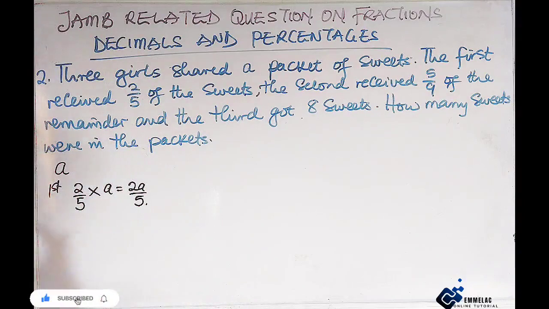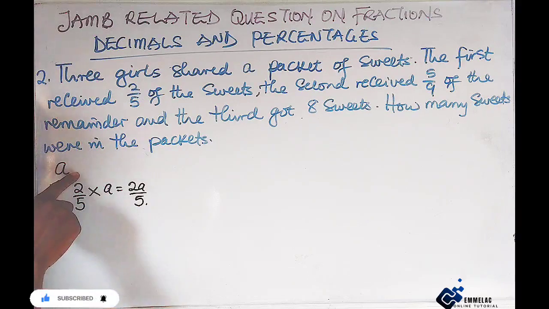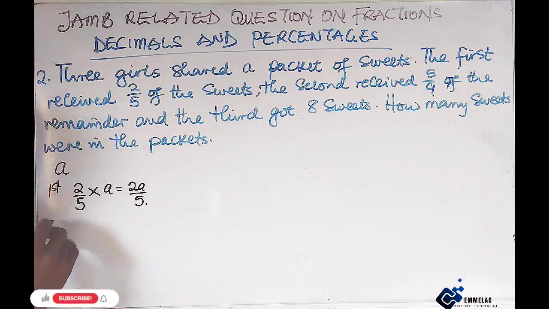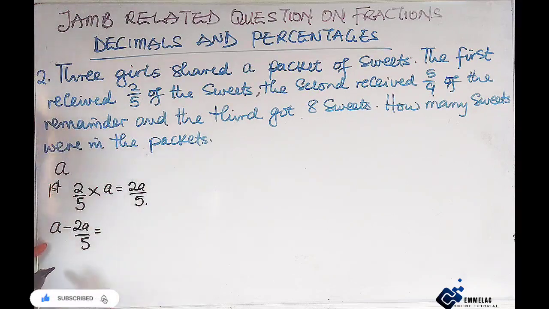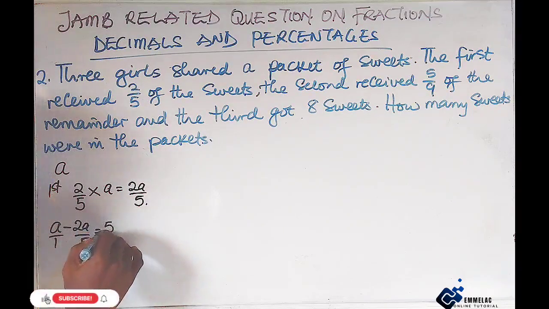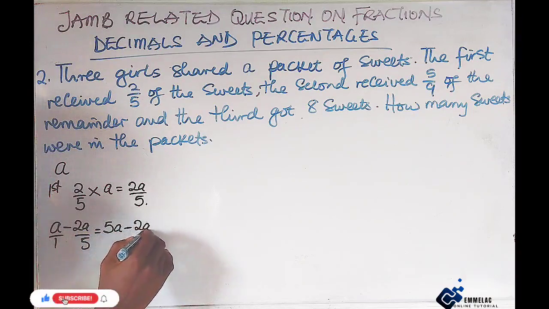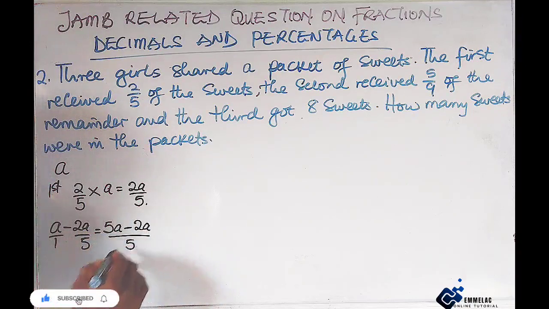The second got 5/9 of the remainder, so let us subtract 2A over 5 from A to get the remainder. To simplify, just cross multiply: so here you have 5A minus 2A all over 5.